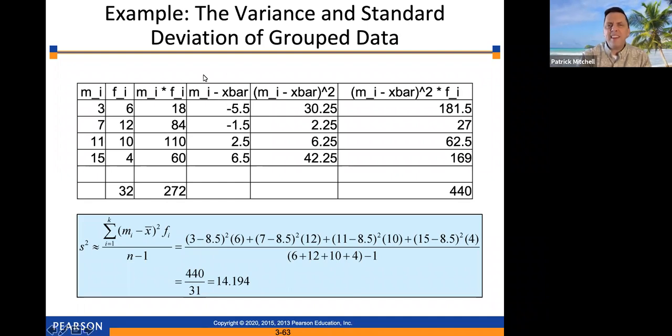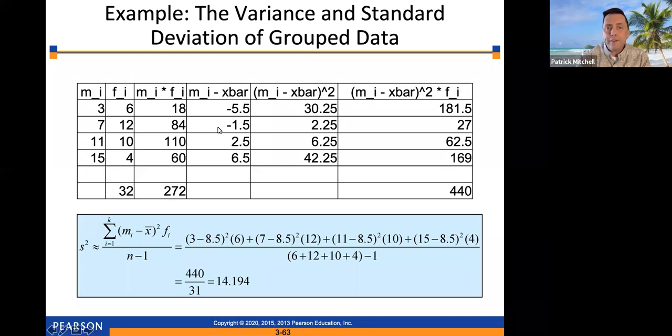I'm sorry that doesn't look pretty, but it's just too hard to write those formulas correctly in Excel. So how I got this negative 5.5 was I went 3 minus 8.5. Remember, 8.5 was the approximate sample mean. So 3 minus 8.5 is negative 5.5.